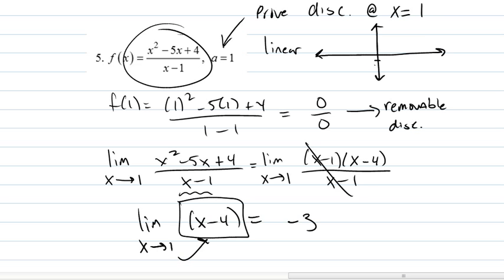So it would be 1, 2, 3, 4. There's my y-intercept, and at x equals 1, at negative 3, there would be an open hole like that. So that's what it means for a function to have a removable discontinuity. Even though this is a rational function, it's actually linear because of the factors that cancel, but with a hole because of the 0 over 0.